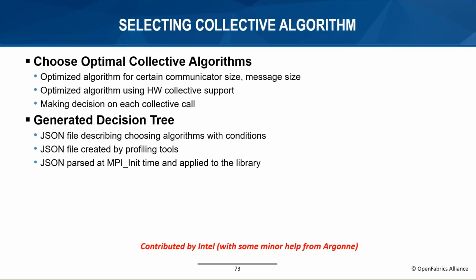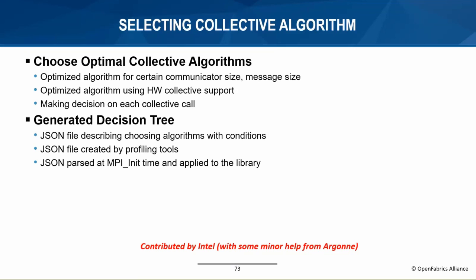But more importantly, it provides a way for the user to say, I know that my application has certain communication patterns, and I want to run on this specific machine. What is the optimal algorithm for that communication? The user doesn't have to guess.